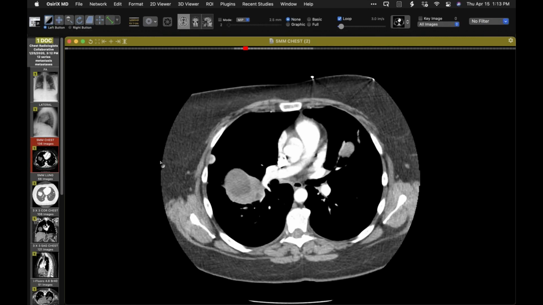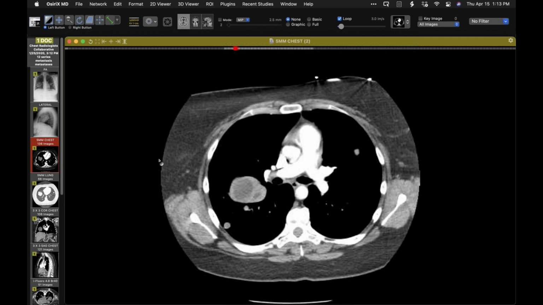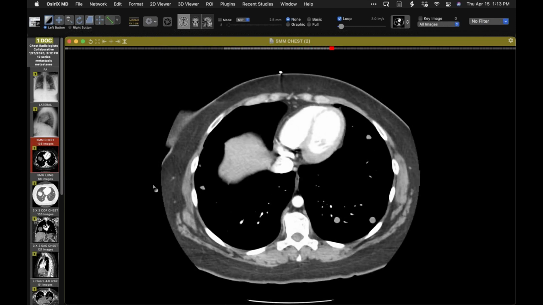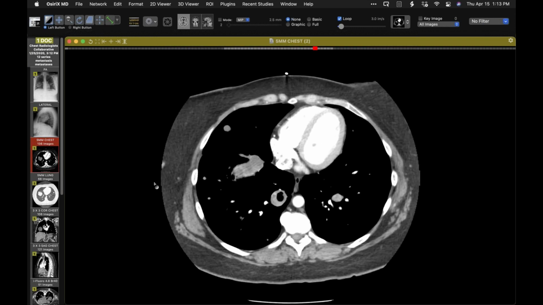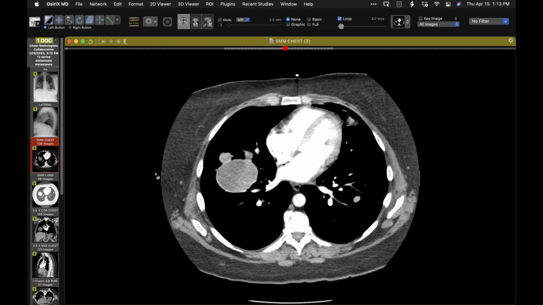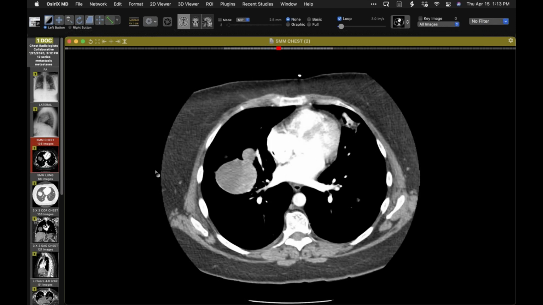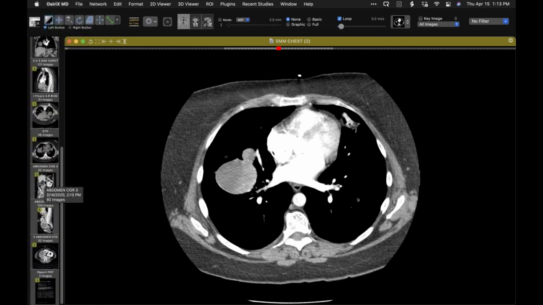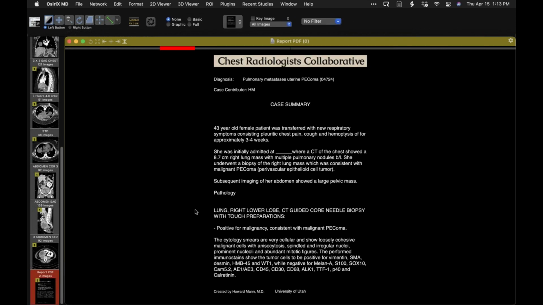Again, large, small, different shapes and sizes. Now, interestingly, we see that some are cavitated, as you can see there. I haven't seen this case in a while, so I can't remember, but I think this may not have been a spontaneous pneumothorax, but may have been after an intervention, maybe a biopsy, the pneumothorax that is.